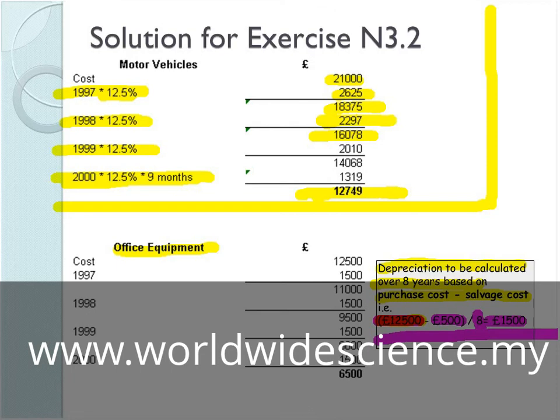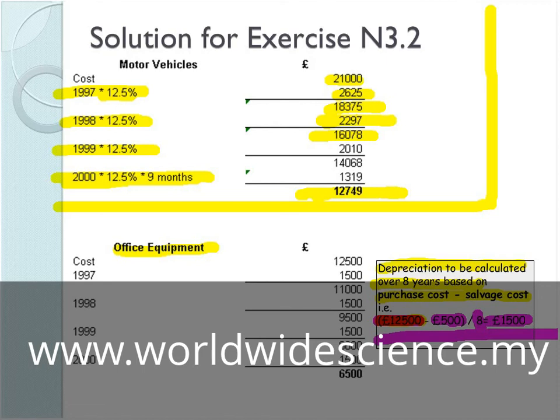So how do you understand? I try to explain to you as much as I can. So 500 is the salvage value, and the 1,500 is the depreciation. So these are two different things.